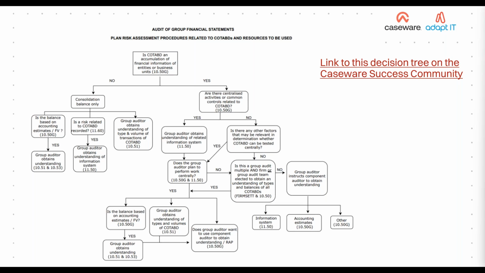If you get confused and you're not sure what to do, you can go back to these two decision trees. The first one is the decision tree for planning the risk assessment procedures related to classes of transactions and account balances and disclosures, and of course, what resources to be used.